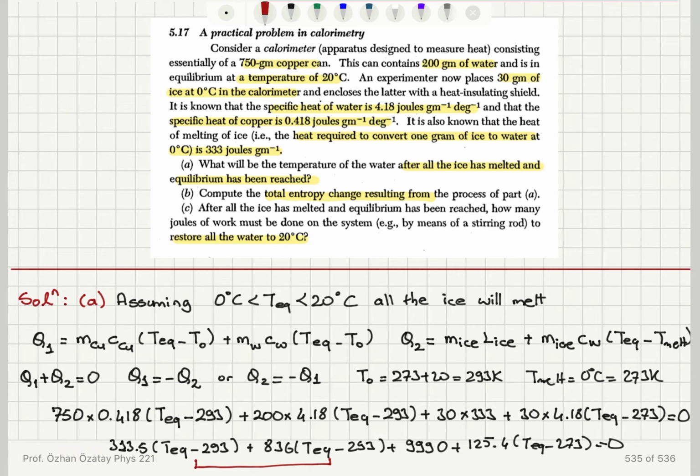So we have mixed a copper can, 750 grams copper can, filled with 200 grams of water at an initial temperature of 20 degrees Celsius with ice at 0 degrees Celsius, that is 30 grams. And we basically have to write the heat absorbed by ice is equal to the heat released by the copper can and water.